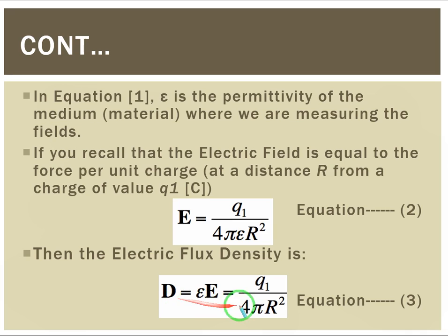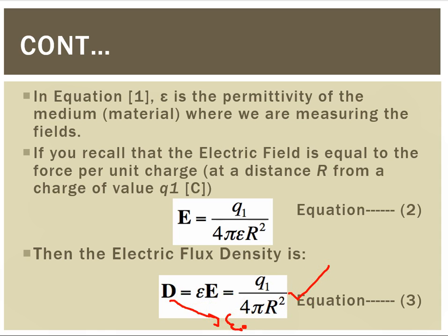One thing to keep in mind: there is now no relation between electric flux density and any permittivity or material. The medium doesn't matter. Electric flux density does not depend on the permittivity, because of this formula as we proved.